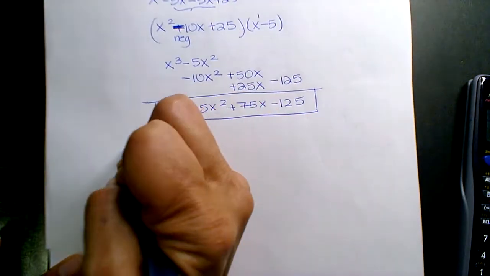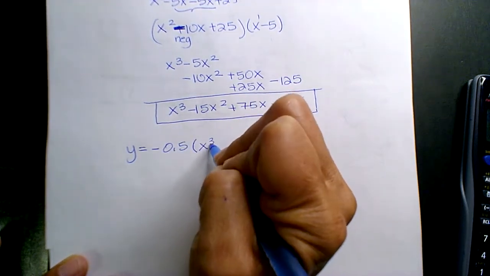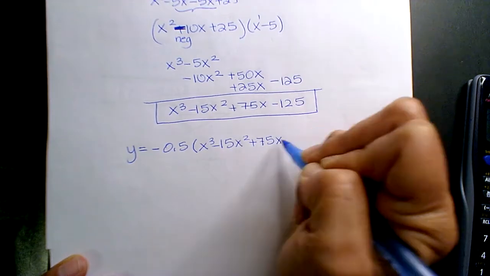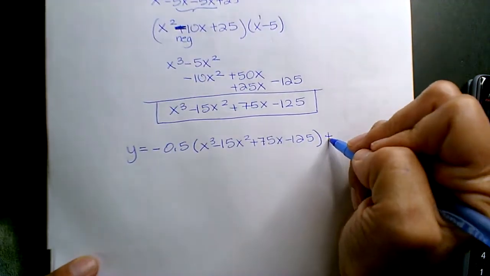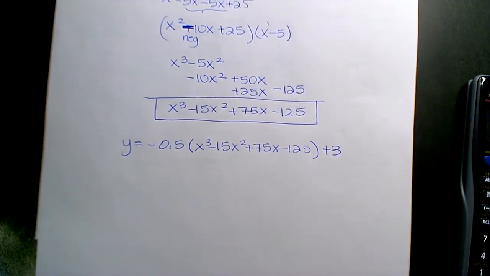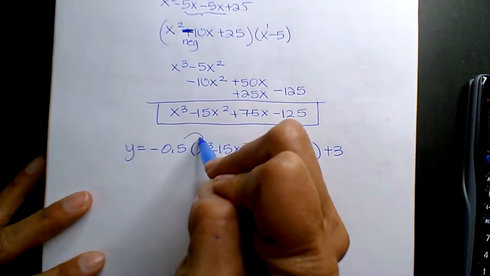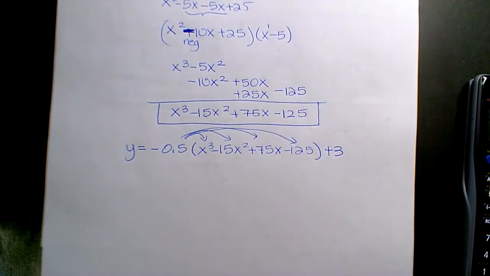So your original function now is -0.5 times x cubed minus 15x squared plus 75x minus 125, plus 3, right? You have to multiply this negative 1/2 into each of these 4 terms.